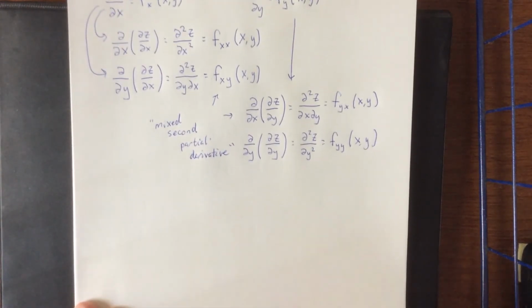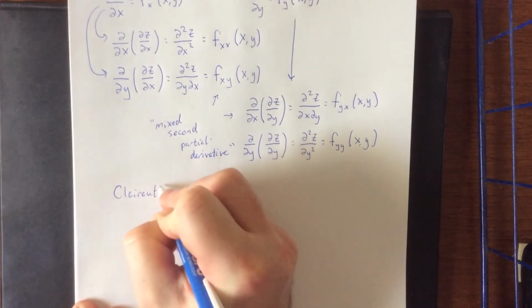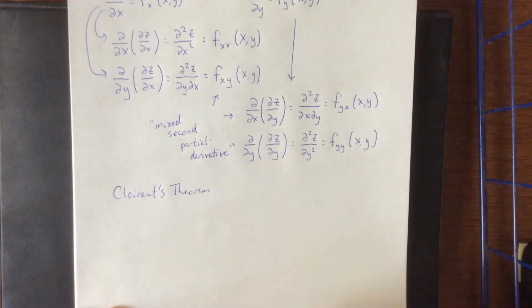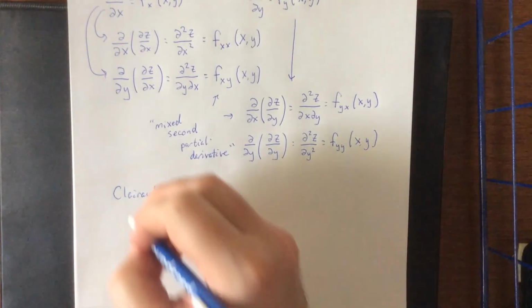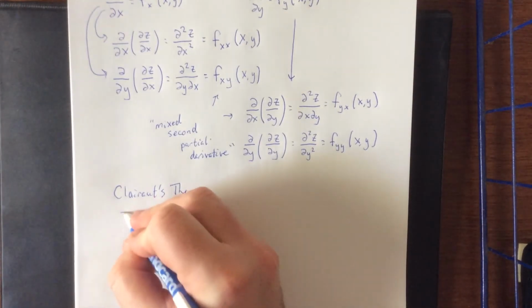The good news is that as long as your function is continuous, we have a very nice theorem by the name of Clairaut's theorem. I might know this as generic French guy's theorem to offset generic Italian guy's theorem when we get to multiple integration. Clairaut's theorem states the following.